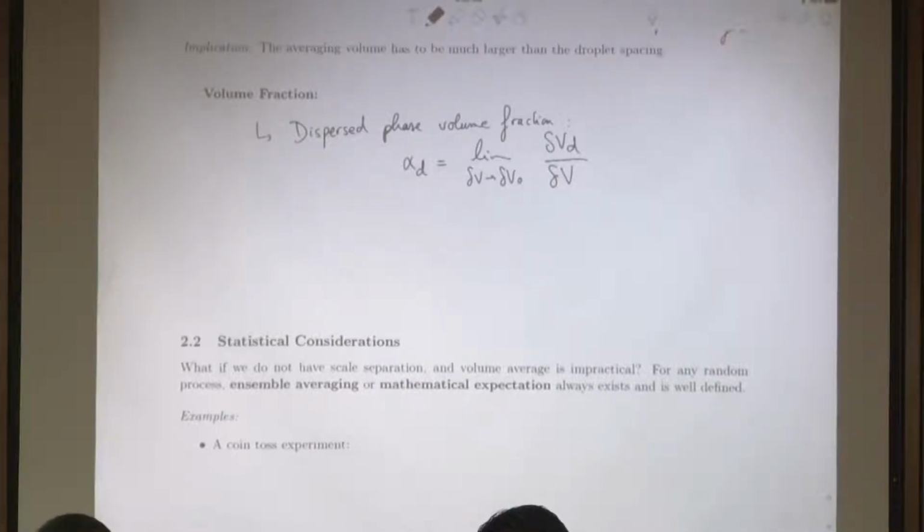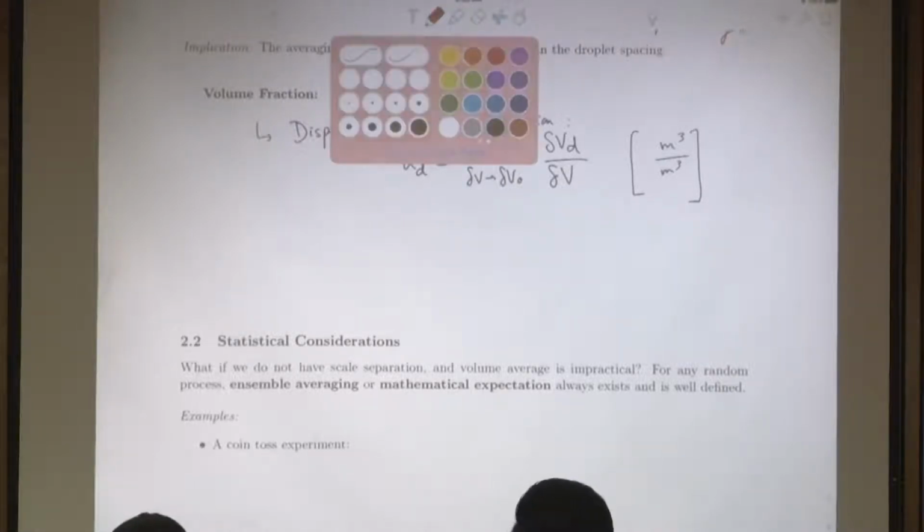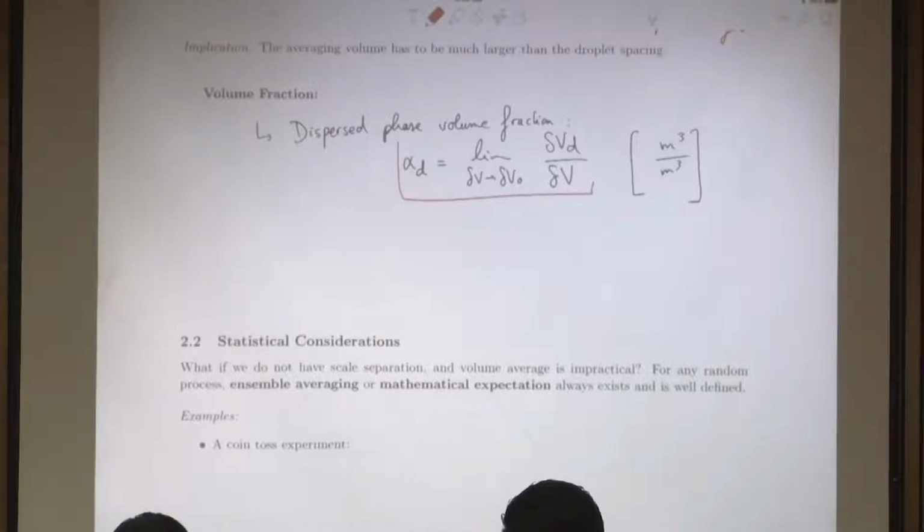So this is a dimensionless quantity. This is in meter cubed per meter cubed. This is the volume in the particle over the volume of the probing region. So we'll make extensive use of this. And then, obviously, I can do the same thing with the carrier phase.